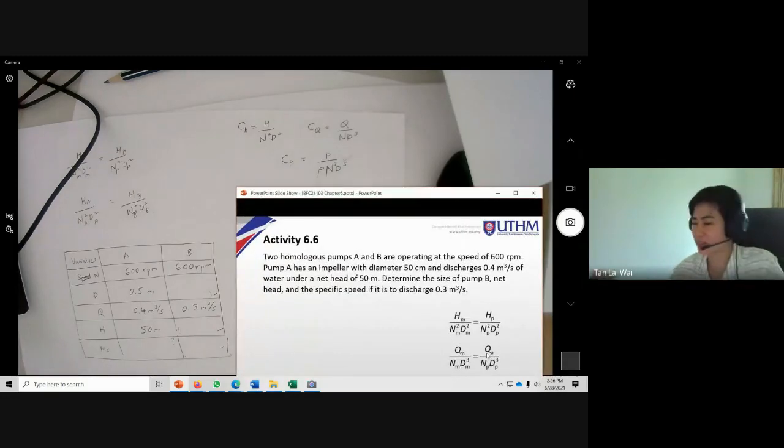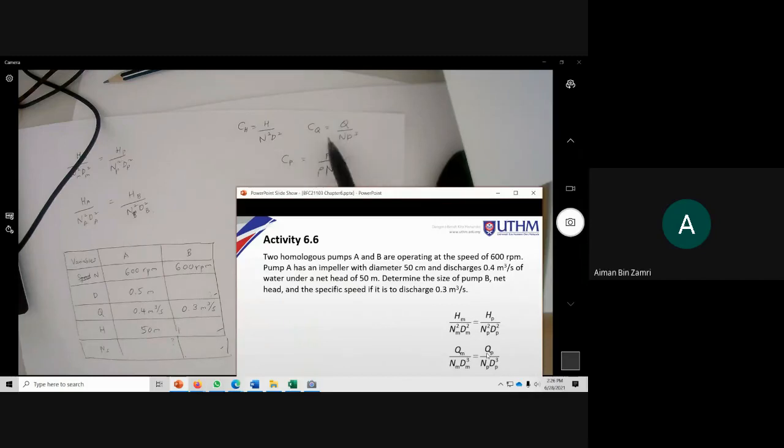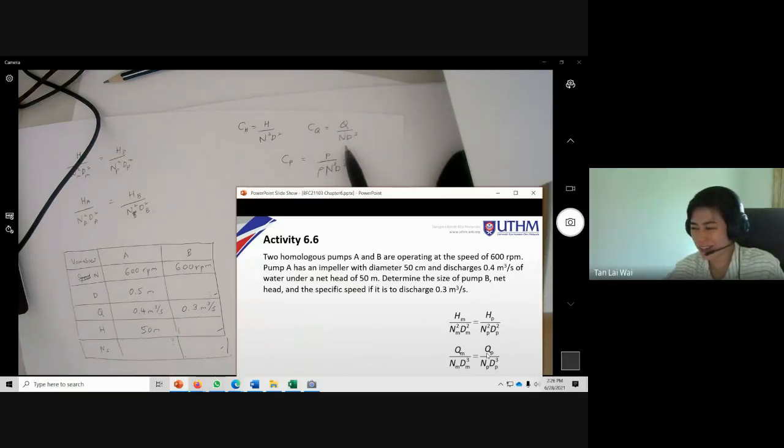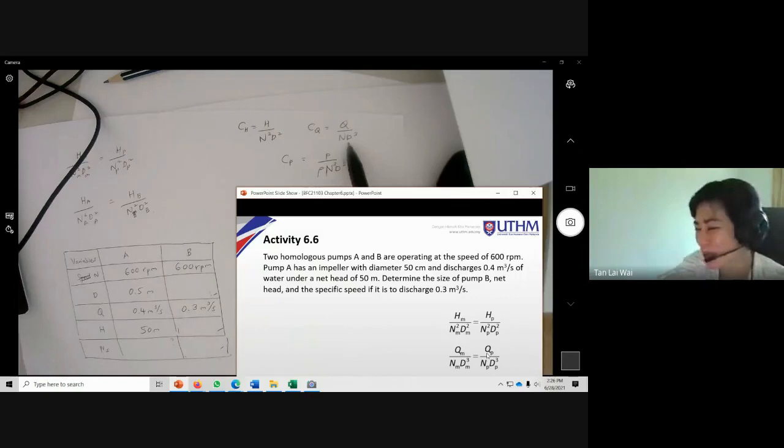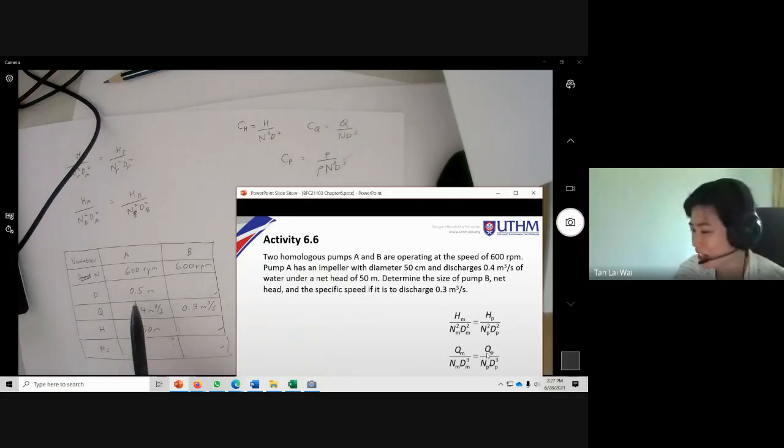So you want to use this, because the information is enough. Yes, you're right. Because the only unknown would be D_B. The rest are all known: Q, Q_A, Q_B are there, N_A, N_B are there, D_A is available.